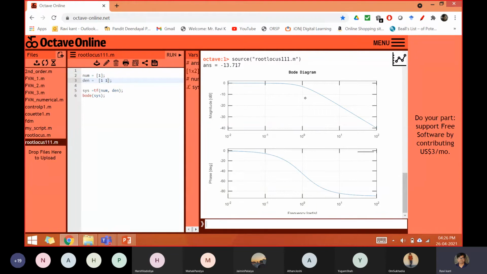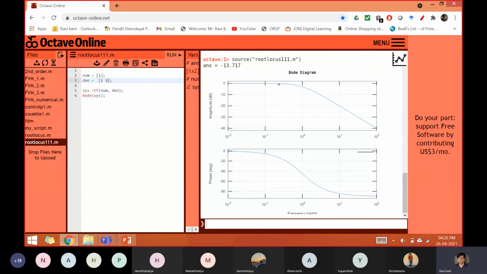Now the corner frequency, we know, is somewhere around 10 to the power 0. 10 to the power 0 is 1. So the corner frequency is somewhere here. You can see till here everything was 0, and after that the trend starts deviating, and it achieves this straight line for larger omega.